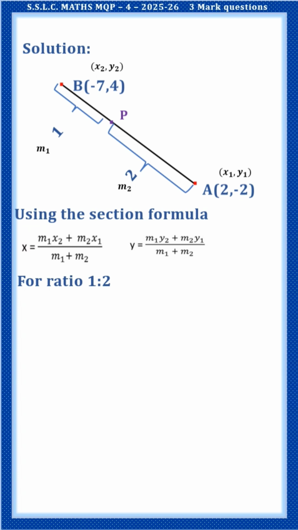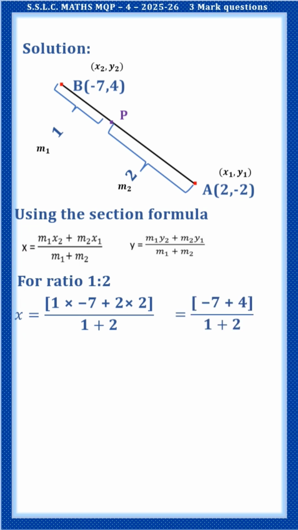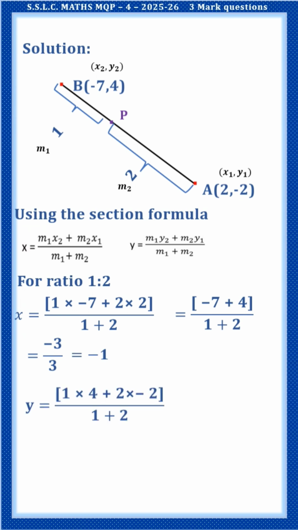Now let us substitute the values to find the x coordinate. When we simplify it, we will get (-7 + 4) upon (1 + 2), which is equal to -3 by 3, which is equal to -1. Now let us substitute the values to find the y coordinate.